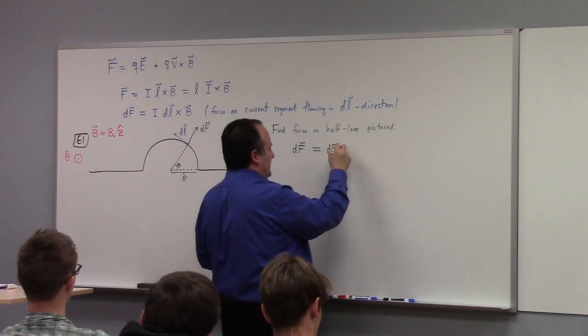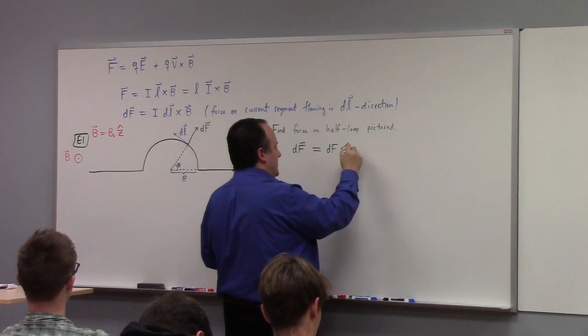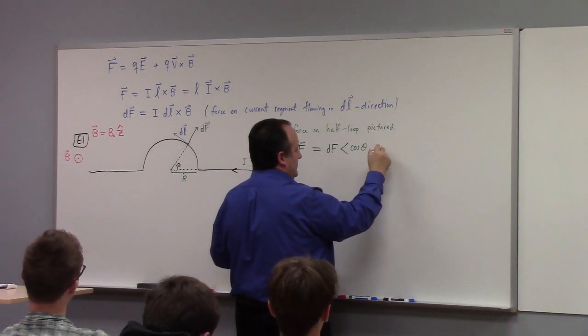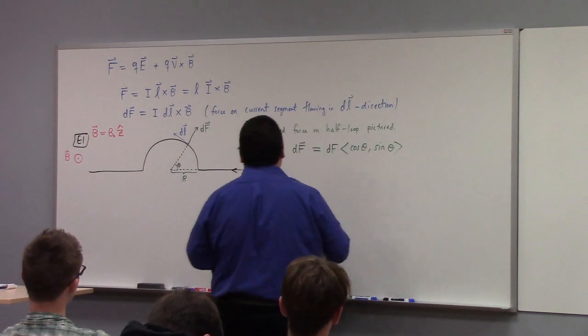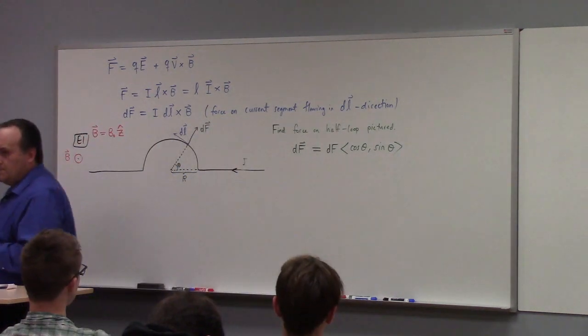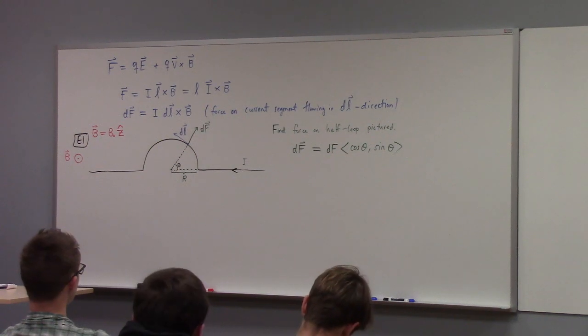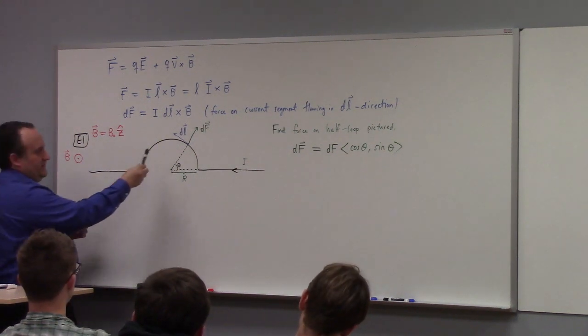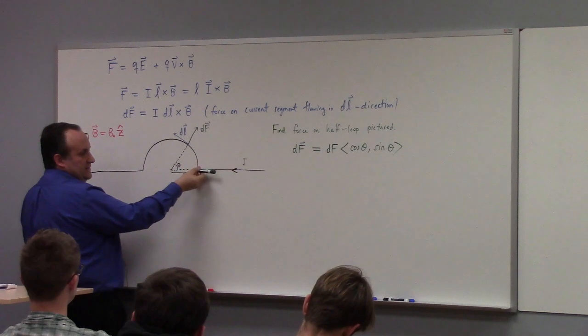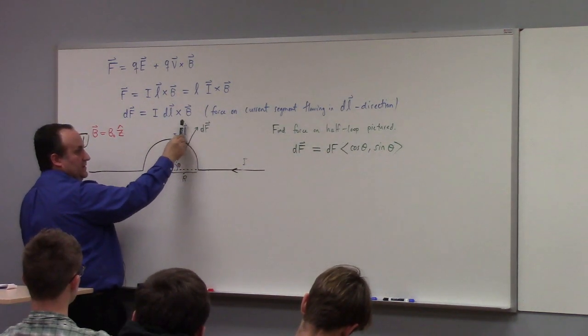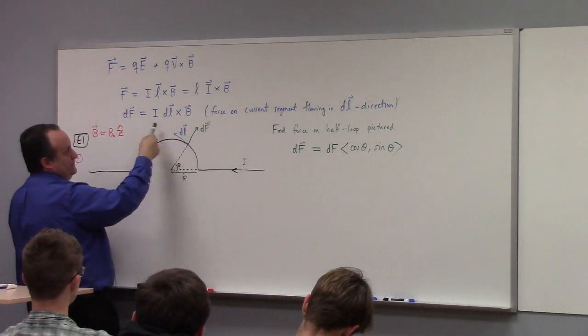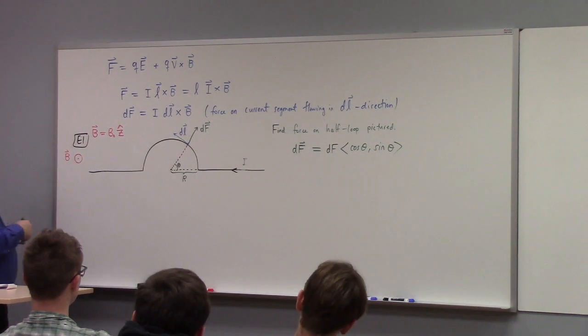I think I could just write it like this, dF times cosine theta, sine theta. You guys agree, disagree, what do you think? Does that make sense to you? So that's a unit vector that points in the direction of F, right? That's just the vector that points radially like this. So the magnitude's dF, which we can get from that.